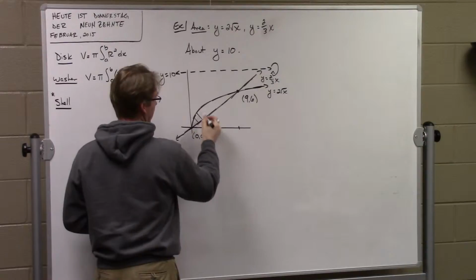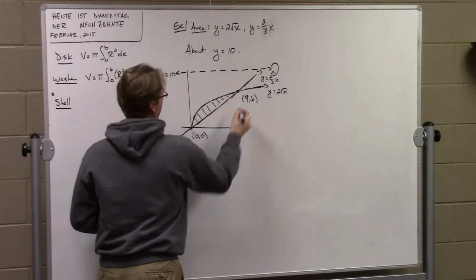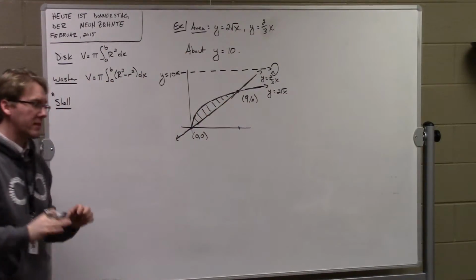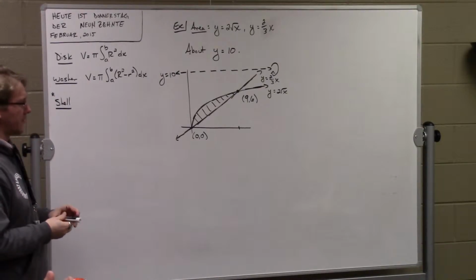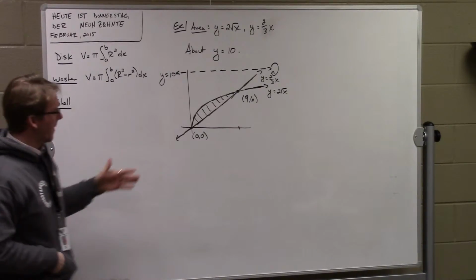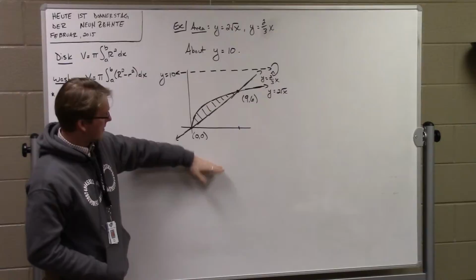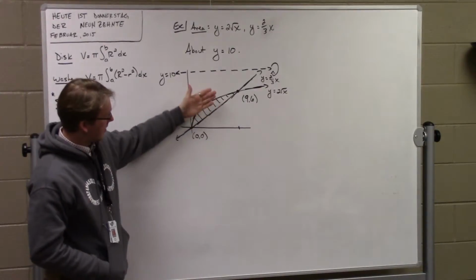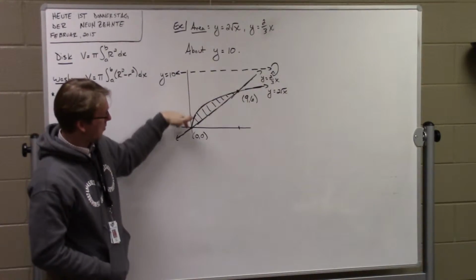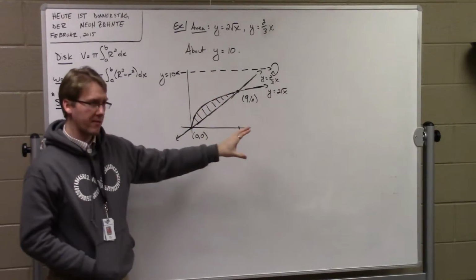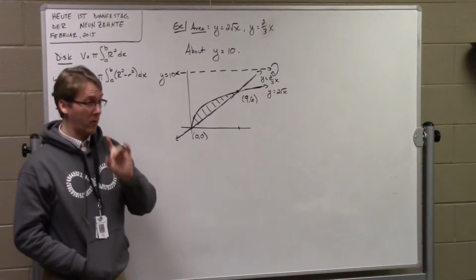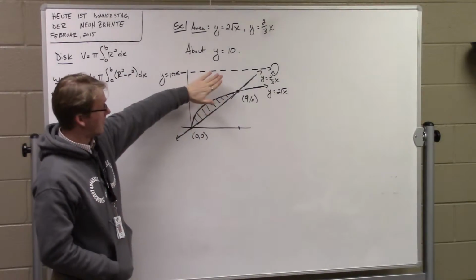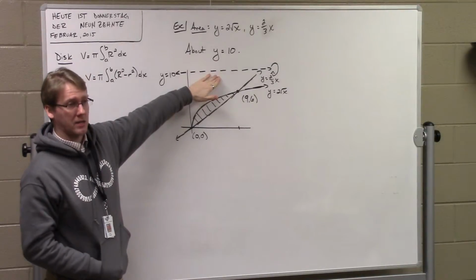Here's the area, and I'm going to spin it this way. Now, graphically or visually, if we were spinning this around the x-axis, from the outside it would look like a bowl, and on the inside we would have that cone missing. However, when we spin it around this line instead, what does the outside look like?